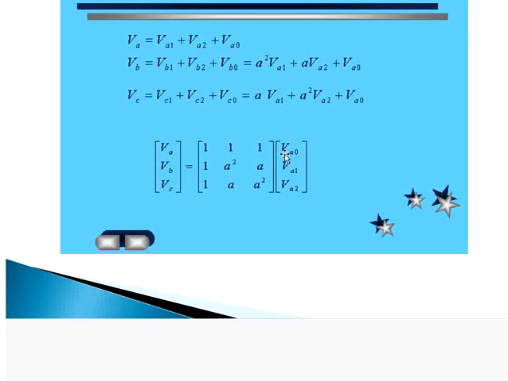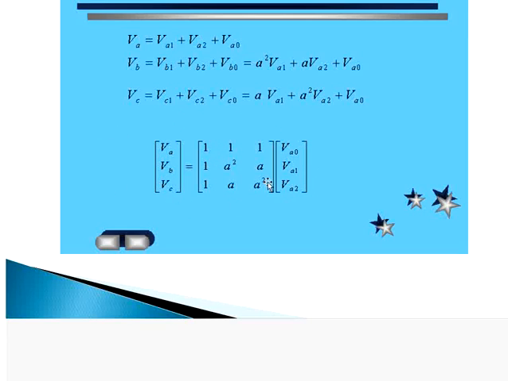So here VA, VB, VC are my phase voltages, and VA0, VA1, VA2 are my symmetrical components. The matrix form tells that my phase voltages are represented in terms of symmetrical components. Now I want to represent the symmetrical components in terms of phase voltages.